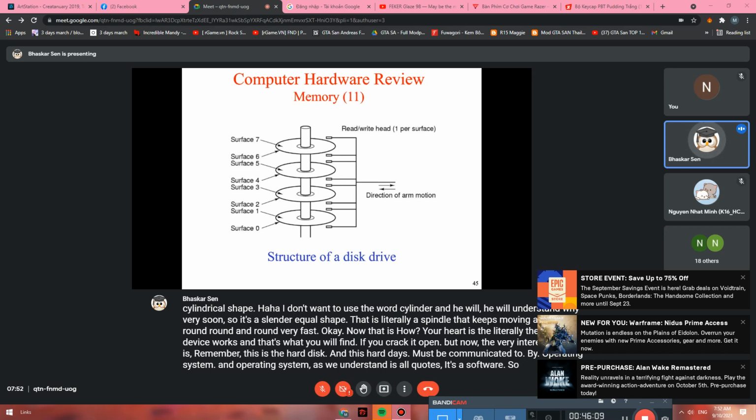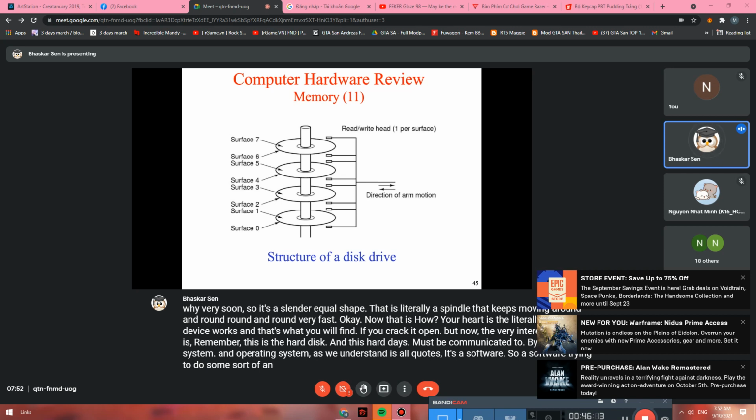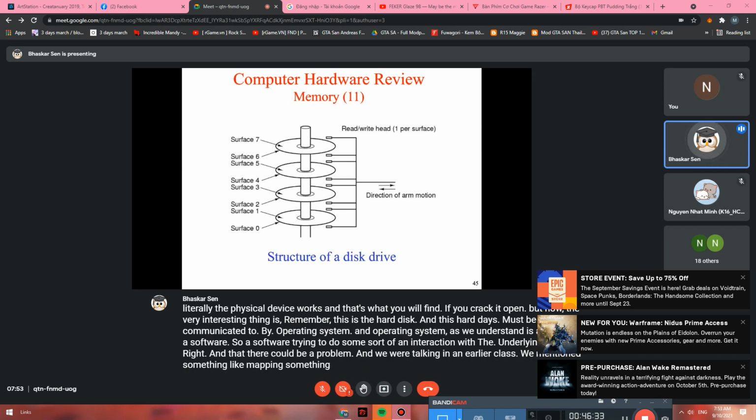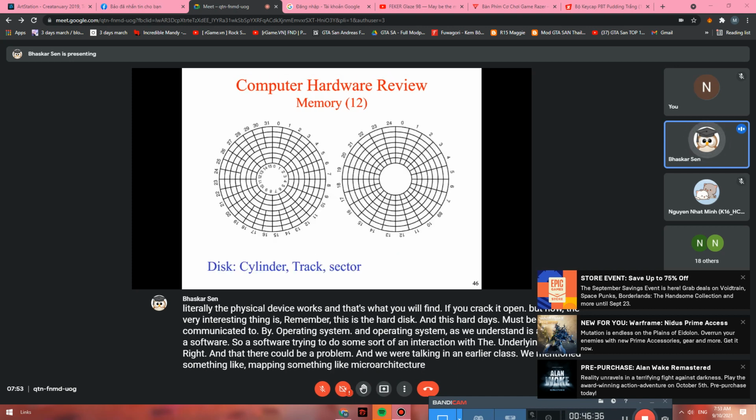So software is trying to do some sort of interaction with the underlying hardware, and there could be a problem. We were talking in an earlier class about something like mapping, something like microarchitecture, and there it is.